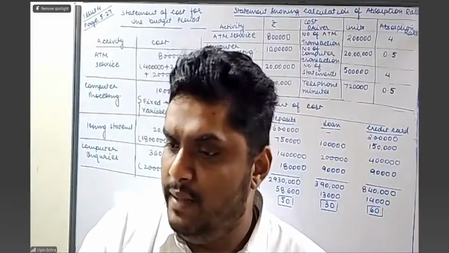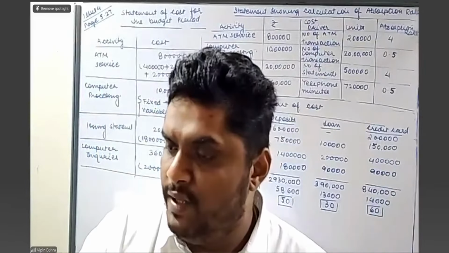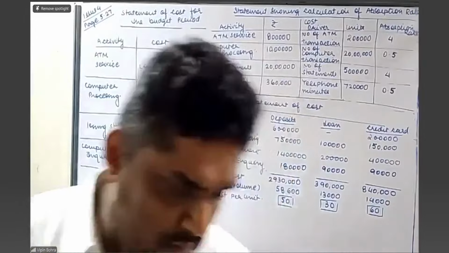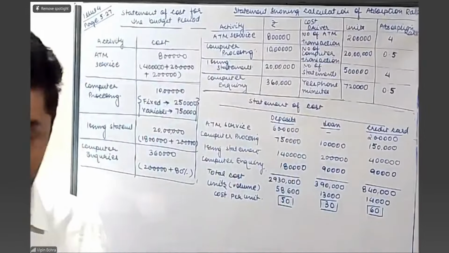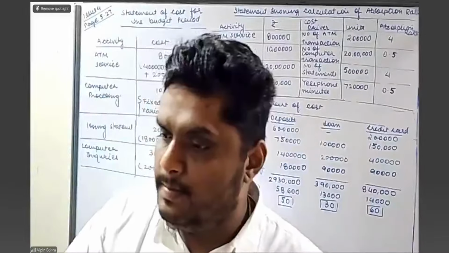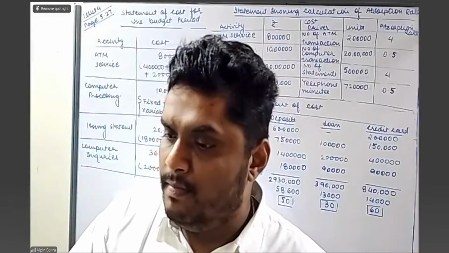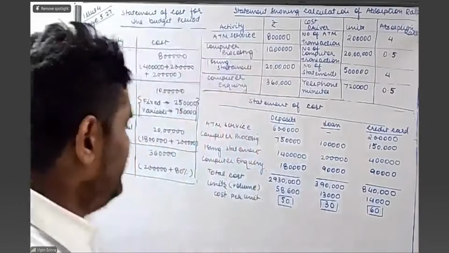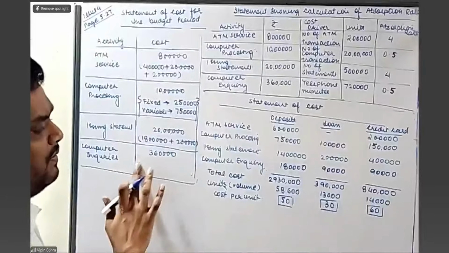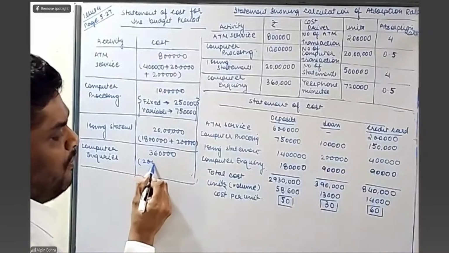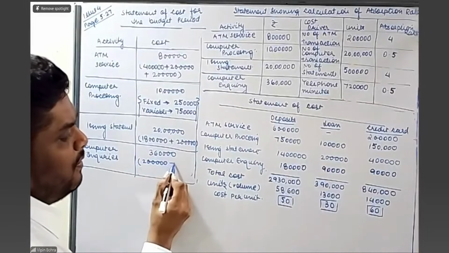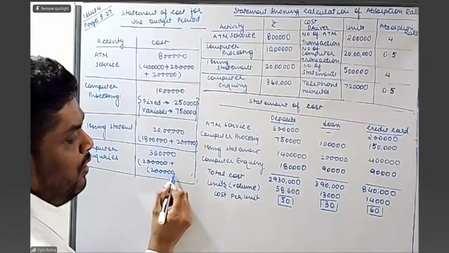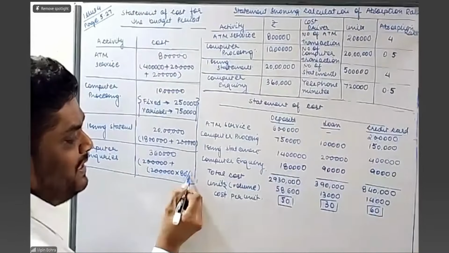Yes, Aditya, tell me. Good morning. Sir, in computer inquiry, there is 3,60,000 in the first, but there is 2 lakh into 80%. What is the language written in the question? There is an increase by 80%, right?